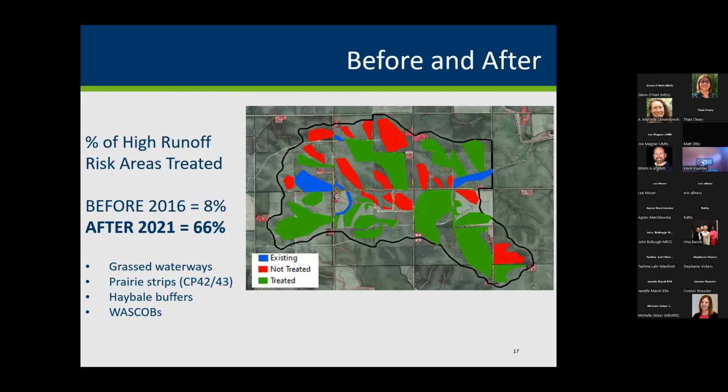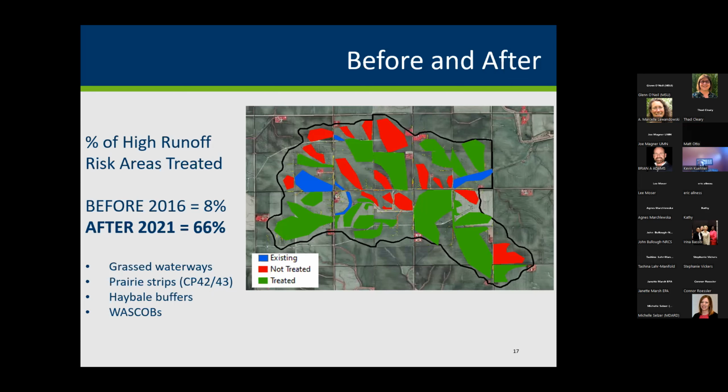This is another map showing one of the study areas in the till landscape in the upper part of the watershed where a lot of those efforts were taking place, showing the results from targeting some of those high runoff risk areas. Before the project started, about 8% of those high runoff risk areas were considered treated. And then after some of those really focused and targeted approaches and work, that jumped up to 66% of those high runoff risk areas being considered treated.